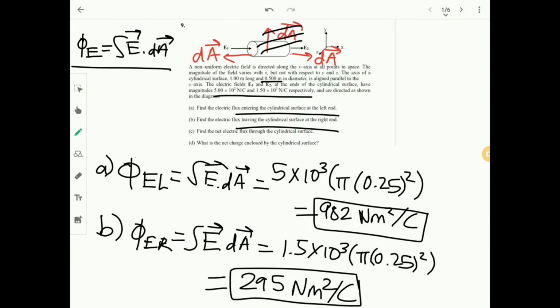We want the net electric flux. Since they have defined x, y and z like this, and x is shown to the right, they are assuming the right side to be positive. Since my flux is to the right here, it's positive, but the flux here is negative.